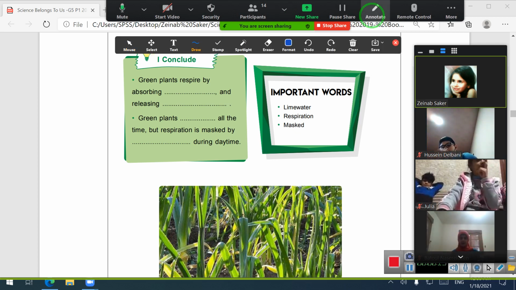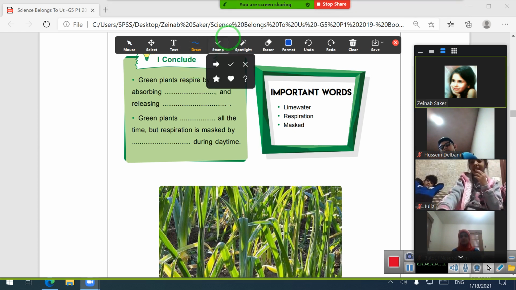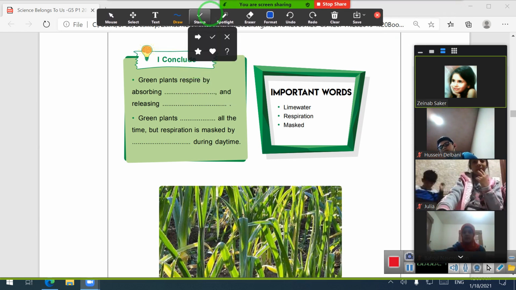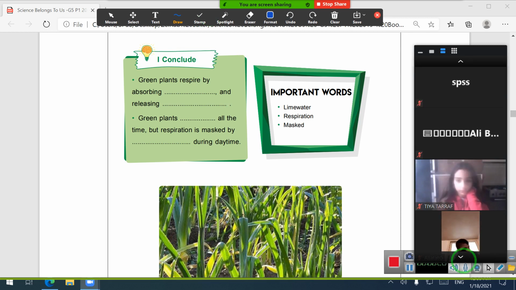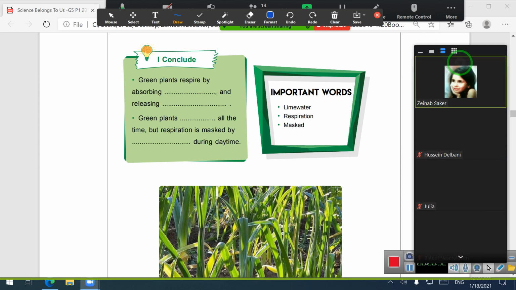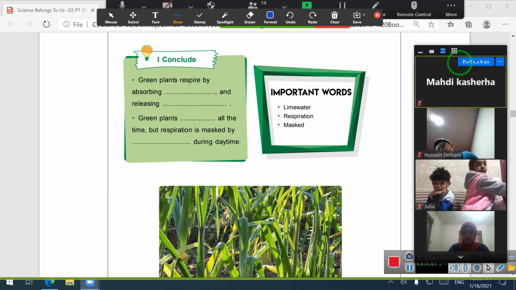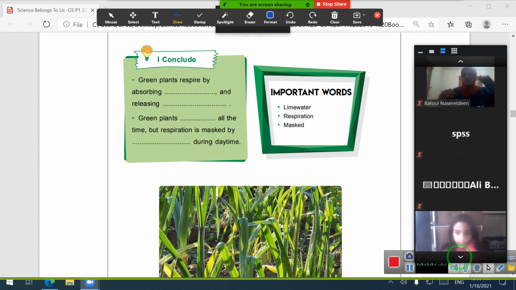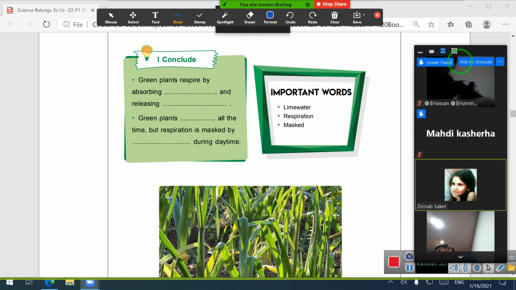As we said before, we have to compare the photosynthesis and respiration processes by what they absorb and what they release. By solving I conclude now, we made that comparison. Hassan Hammoud, please, can you start solving I conclude, teacher?